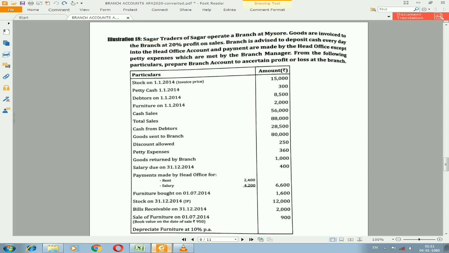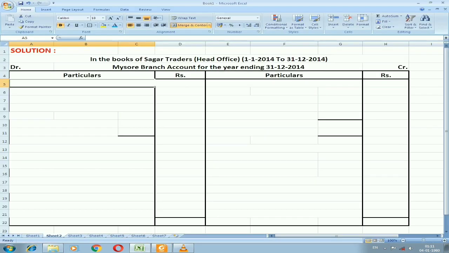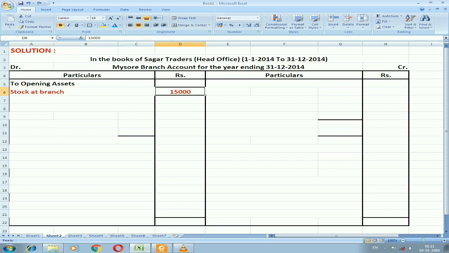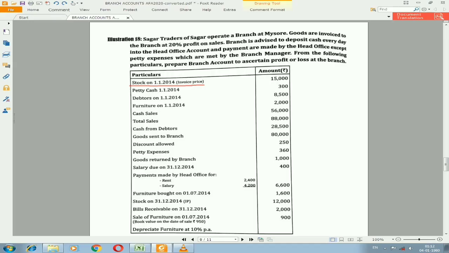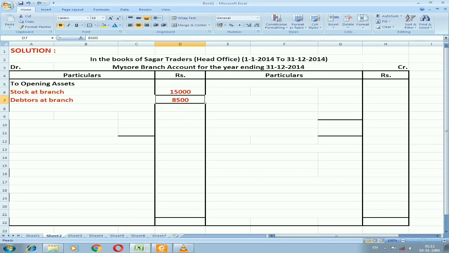In the illustration, we have opening balances on 1/1/2014, with a stock on 1/1/2014 with the amount of rupees 15,000. Next, we are going to record debtors. On the opening balance, we have 8,500. So debtors at branch 8,500. And then we have opening balance of petty cash.